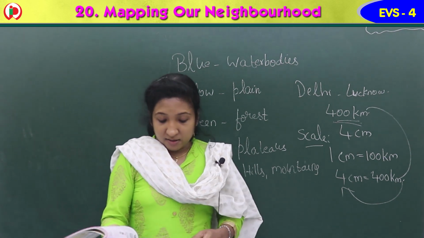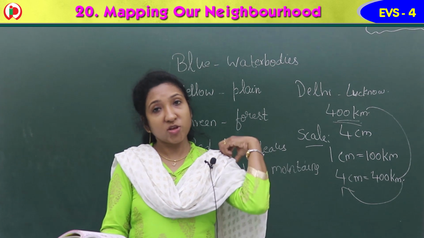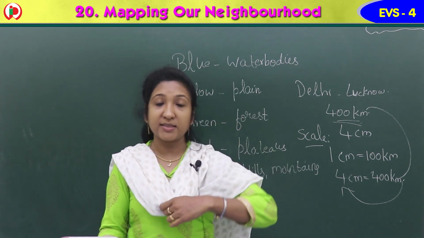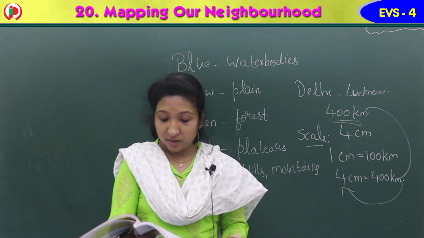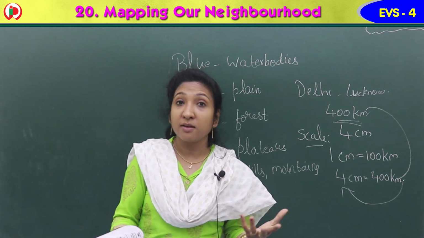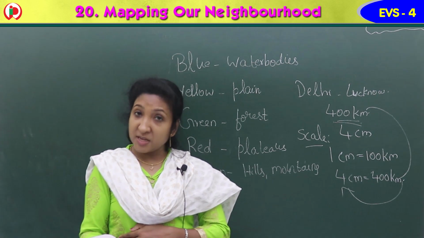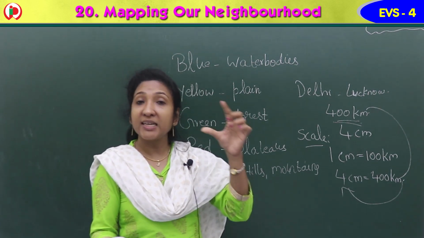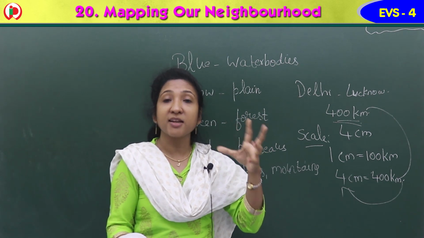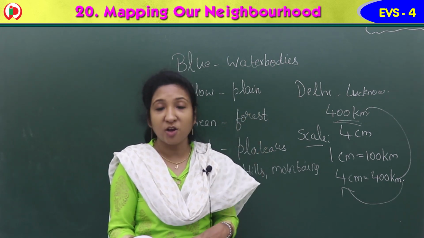Yes. Then the other directions we have are east and west, isn't it? Right is east and left is west on a map, and we use a compass instrument to find the direction. The compass has a needle which always points towards north.